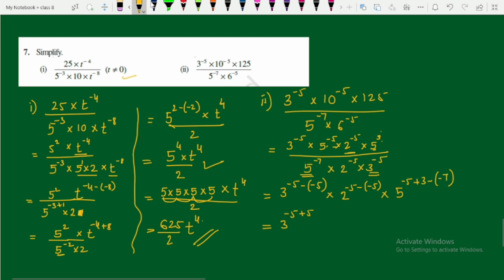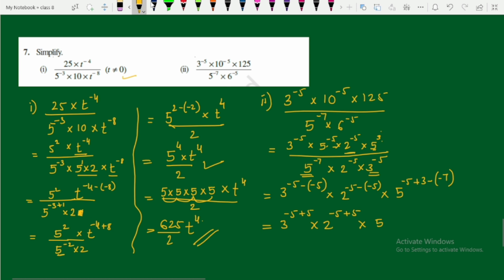Then next it is 2 raised to minus 5 plus 5, into 5 raised to minus 5 plus 3. Okay, let me check once again whether we wrote the question right. 10 raised to minus 5, we wrote 5 raised to minus 5 into 2 raised to minus 5, correct. So 5 raised to minus 5, this is 5 cube.